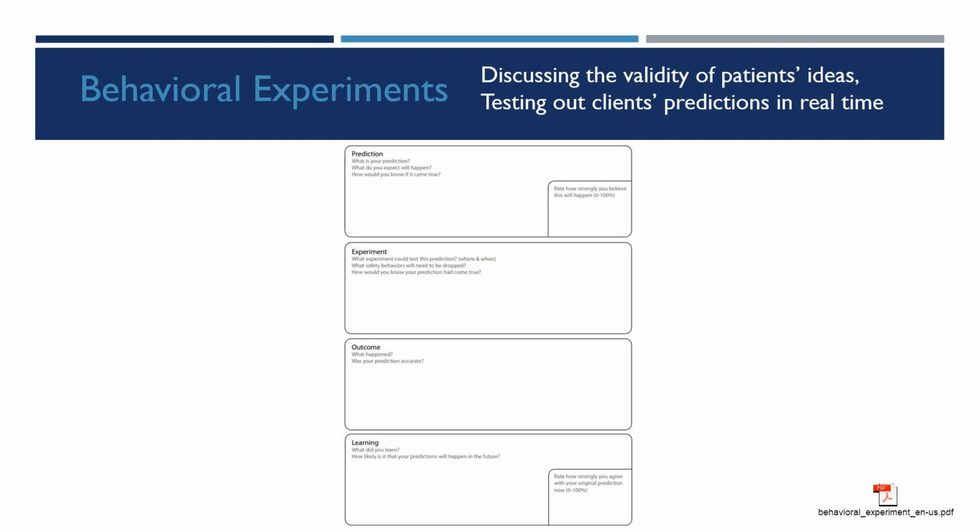And then have your clients summarize what they learned out of that experience. And then, hopefully, they will see some changes in terms of the degree of assurance your client had about the client's predictions.